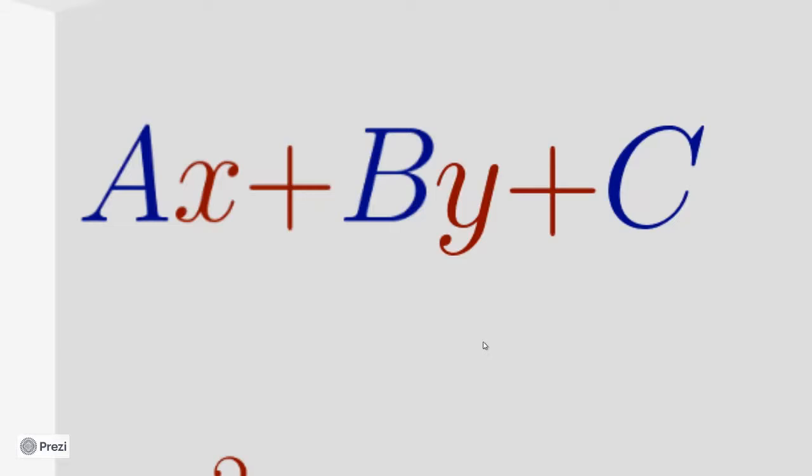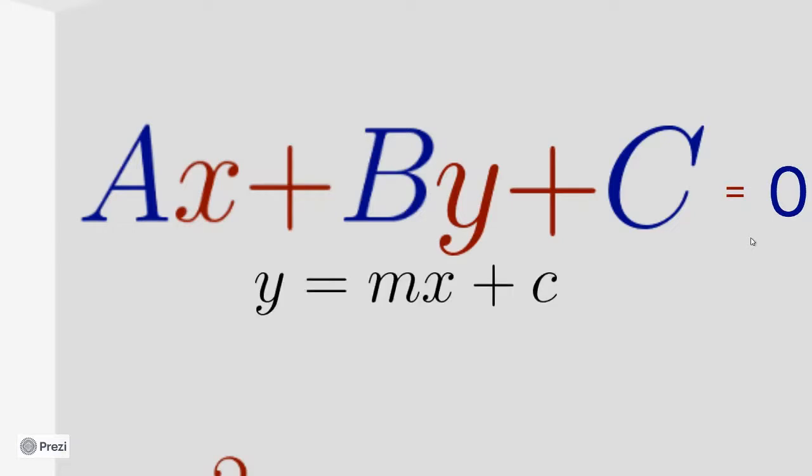Now it is the same equation that you already studied. By the way, I am putting equal to 0 here to make it an equation. If there is no equal to 0, it is an expression, but when there is an equal to sign, the whole thing becomes an equation. Now what is the equation that you studied? y is equal to mx plus c. If you rearrange it, you will get the same thing.